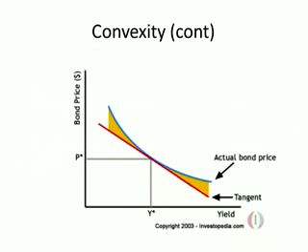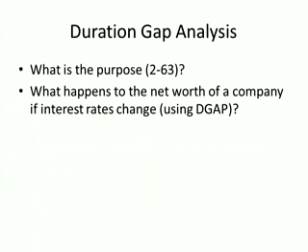Again, convexity, to understand what natural convexity is. I think you should be able to do duration gap analysis. I would never make you find the duration of the assets and liabilities, but if you were told what the duration of the assets and liabilities are, then you should be able to analyze it and discuss it.